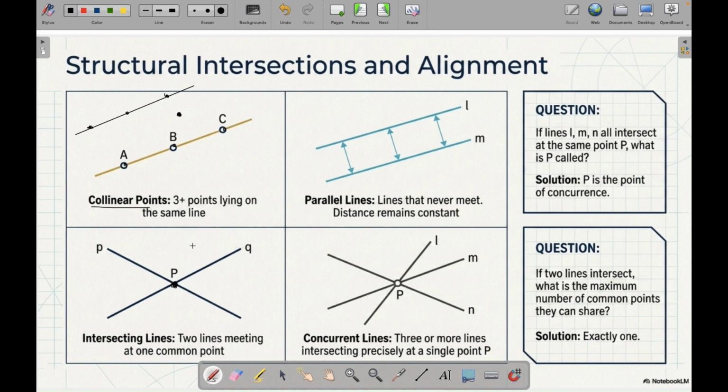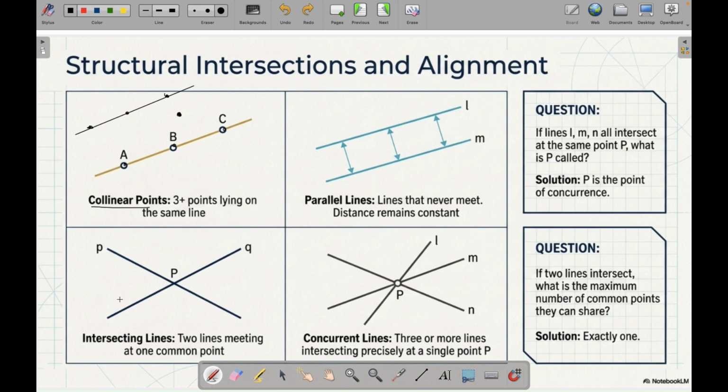When two lines intersect at a point, they are known as intersecting lines, and that point is known as the point of intersection. When three or more lines intersect at the same point, they are known as concurrent lines, and the point is known as the point of concurrence.